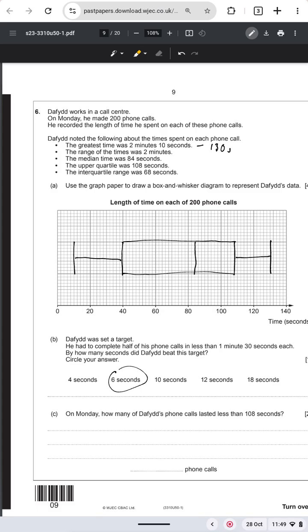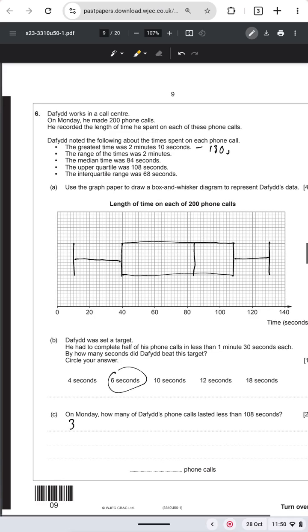The upper quartile means he did 3/4 of his calls in that time, and he had 200 calls, so 3 over 4 times 200. Divide 200 by 4 to give 50, and 3 times 50 is 150 calls.